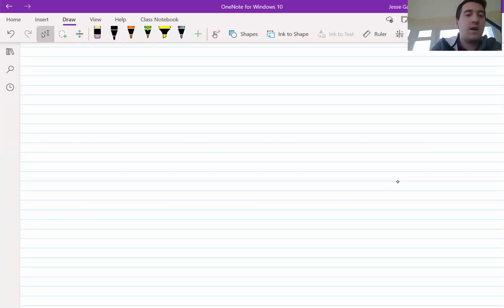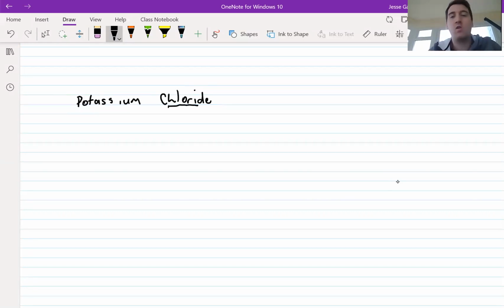We've got potassium chloride, and we react it. You'll notice we've got one of the halogens in this compound. We've got chloride, so we've got chlorine in this compound. And we're going to react it with fluorine, another halogen.